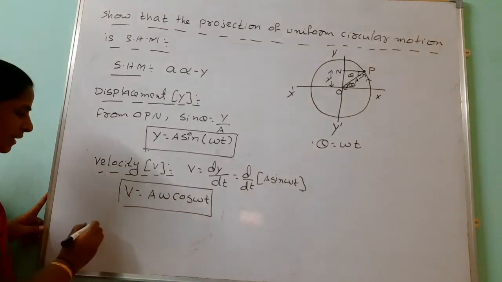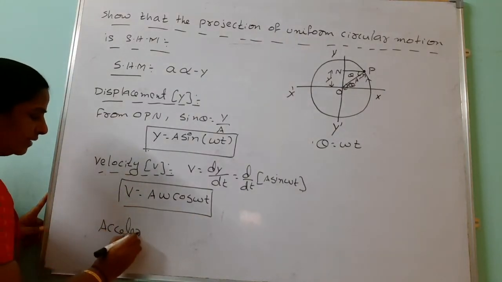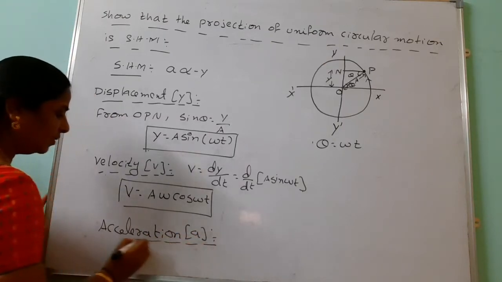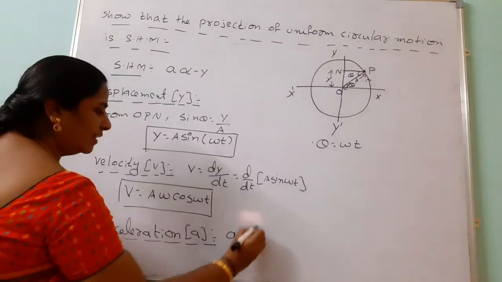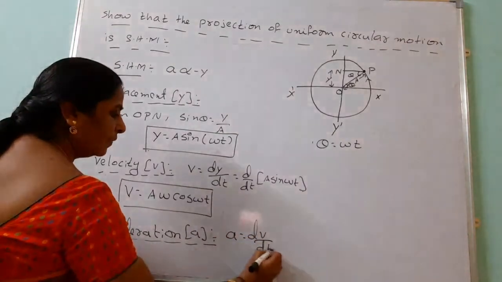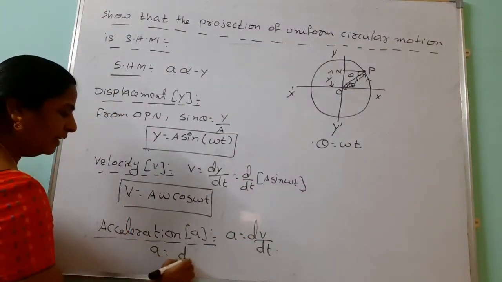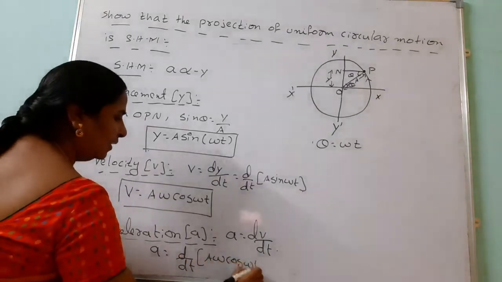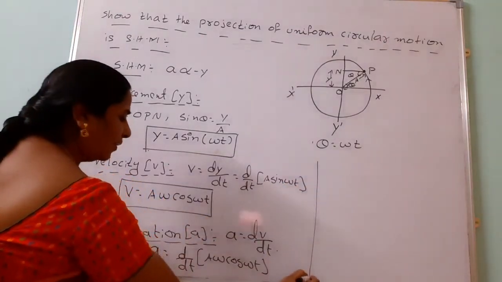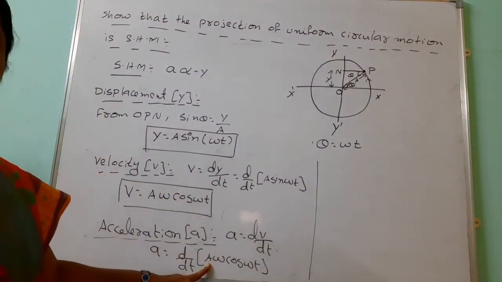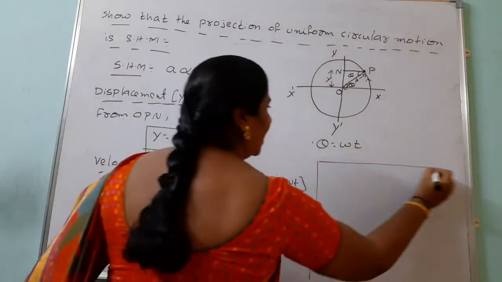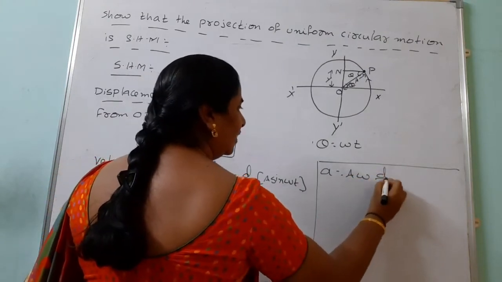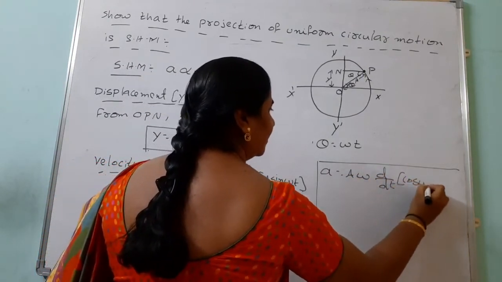When we know the velocity, we can find the acceleration. What is the relation between them? The rate of change of velocity is called acceleration. So a equals dv by dt. a equals d by dt of a omega cos omega t. Here the angular velocity is uniform and the amplitude is also constant, so we can't apply the differentiation to a omega. a equals a omega d by dt of cos omega t.